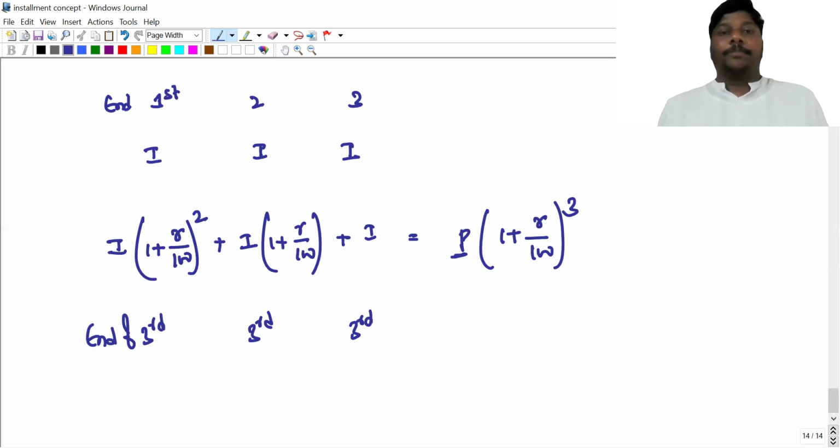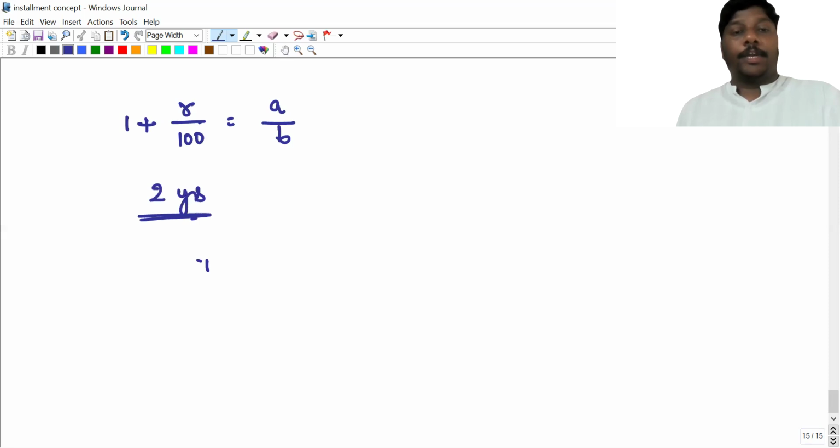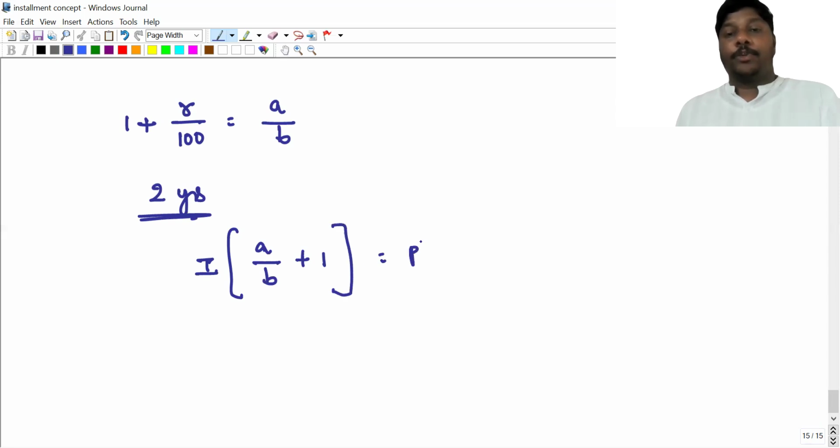So how can I make it simple? You can make it simple by assuming this 1 plus R by 100 as a by b. If I take a by b, for example, for 2 years, I into a by b plus 1 is going to be P into a by b whole square.